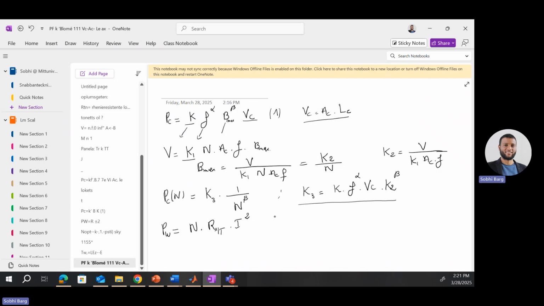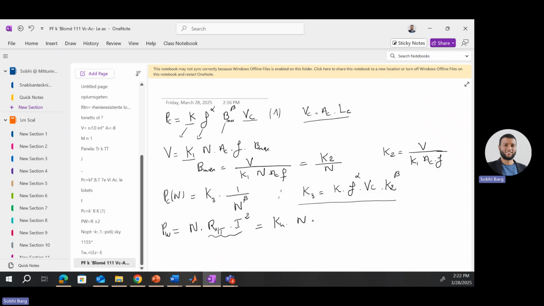This is the fundamental equation for computing the winding losses. So I can note this term as a constant because the current is basically constant for a given power, and the resistance for one turn is also constant for a given core. So I can note it K4 times the number of turns.